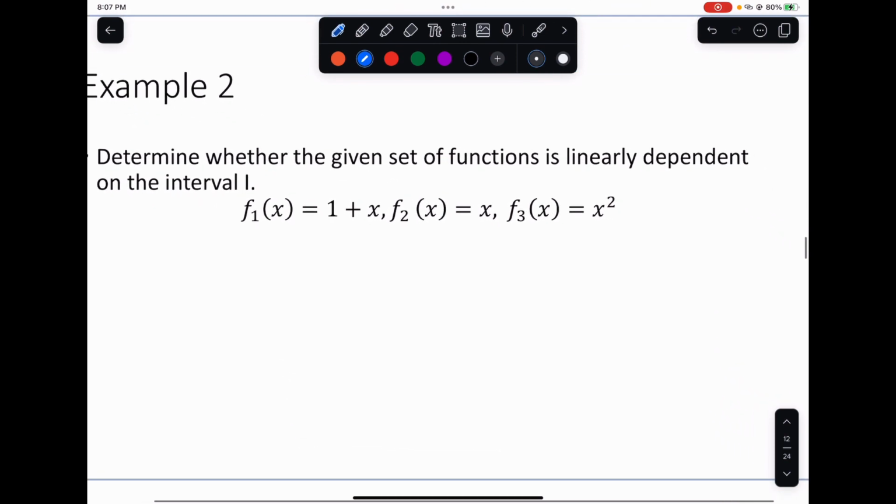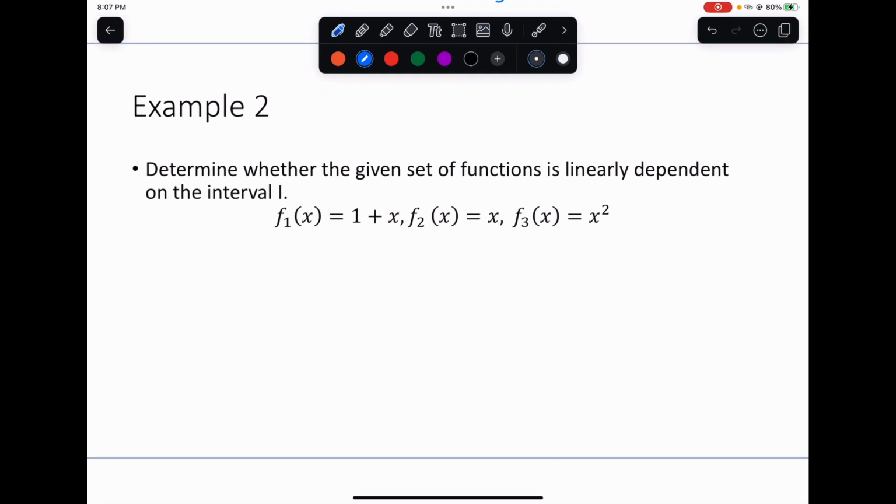So let's have our second example. We have 1 plus x as our first function. We have C1 times (1 plus x), plus C sub 2 multiplied with x, and then plus C sub 3 multiplied with x squared.